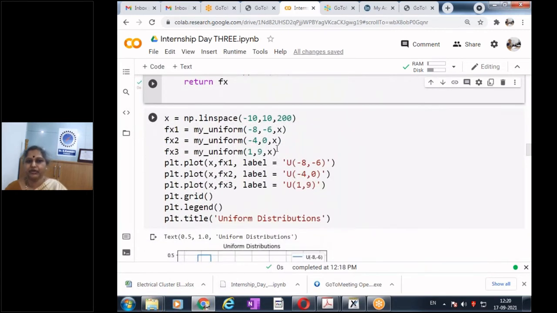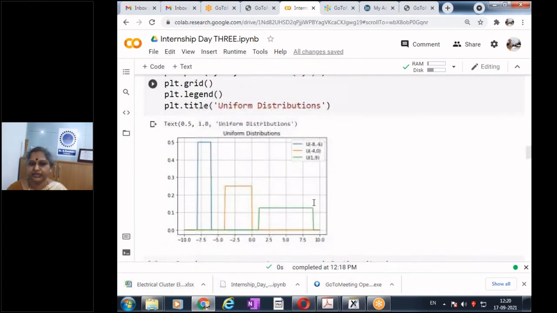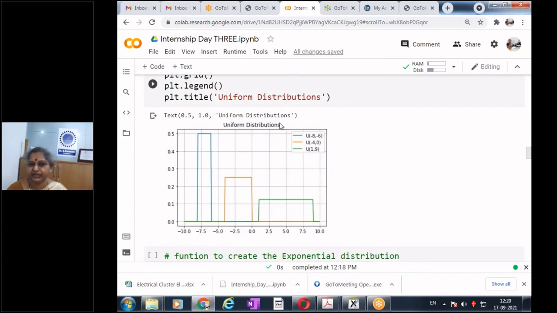And now I am calling the uniform distribution for different values. And then when I try to plot, this is what I find.